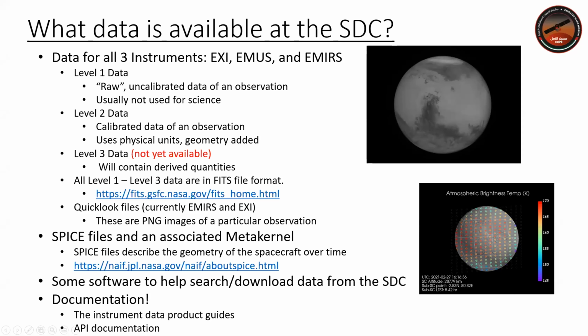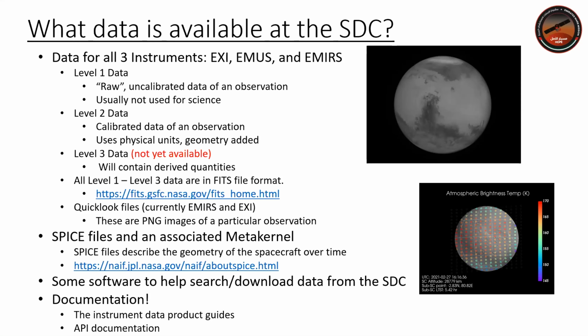So in addition to the actual science data from the different instruments, we have these SPICE files and an associated metakernel for them. If you're not familiar with SPICE, what that describes is the geometry of the spacecraft. It describes the position and orientation of the spacecraft, as well as its different instruments, with respect to Mars and the solar system.